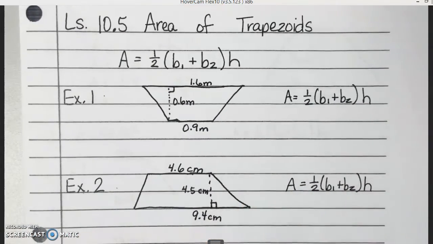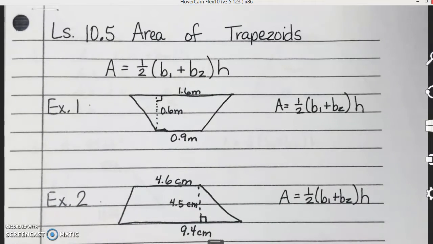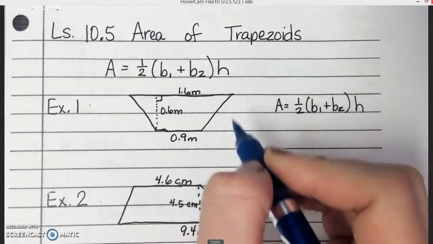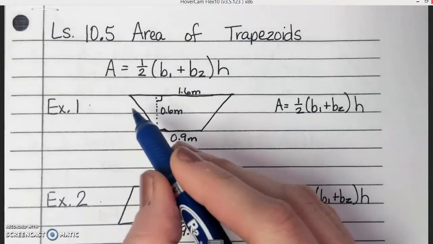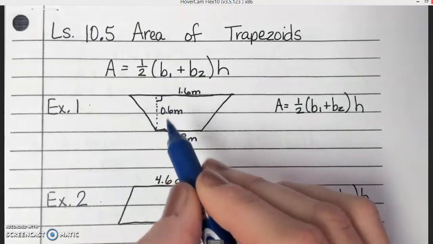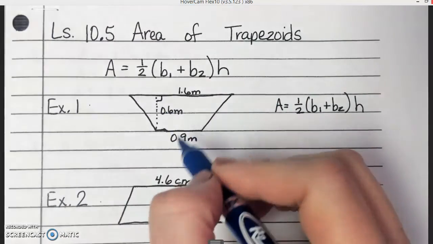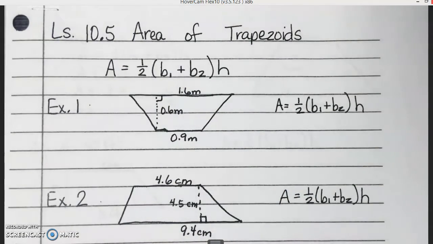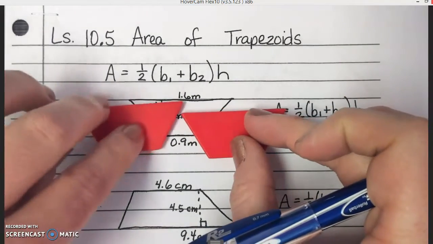All right, so here's our notes. So in this lesson, we're finding the area of trapezoids, and we start out with our formula. Area equals half base 1 plus base 2. So instead of having to draw another trapezoid and rearrange this, we're just going to use the top as one base and the bottom as another base, because if I were to take two congruent trapezoids, I would have to turn this one over, right?